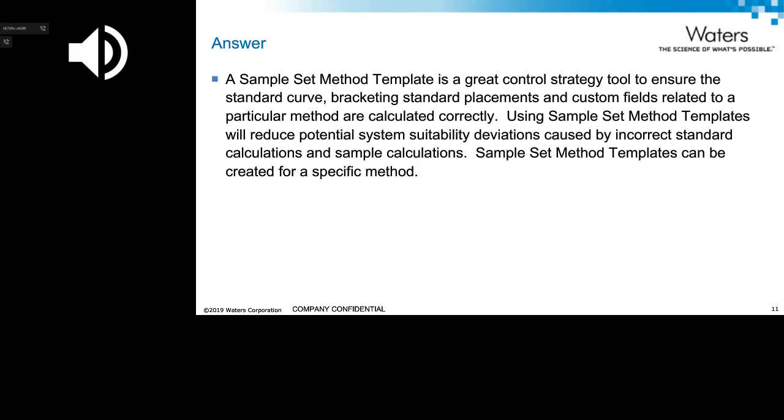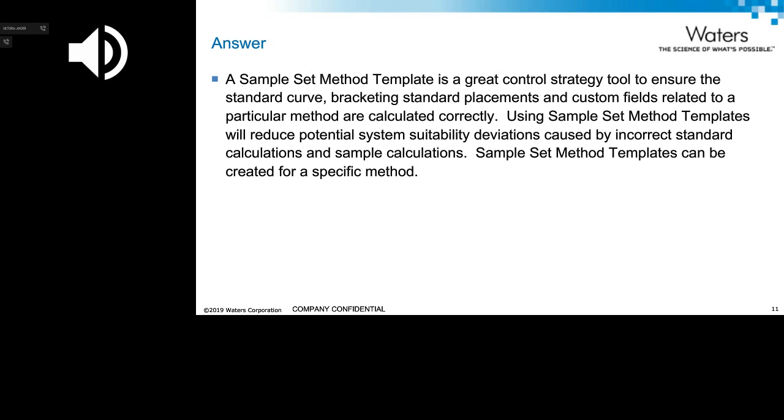There may be sample custom fields that are necessary to identify our samples. Perhaps some of those sample custom fields then get incorporated into a custom peak field for calculations. So we ensure that the placement of the standards, the generation of the calibration curve, and any custom field information is there and is there in a consistent fashion.